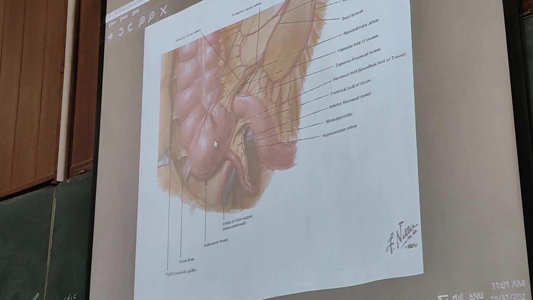And the inferior ileocecal recess is posteriorly laid on the mesoappendix junction, and anteriorly is limited by another fold of peritoneum. Here we have two folds, this fold and this fold, for superior and inferior.